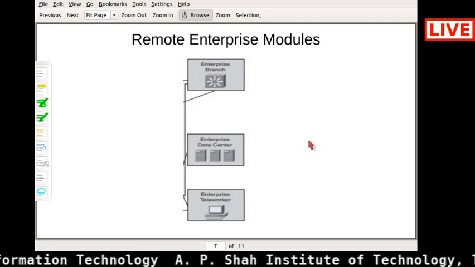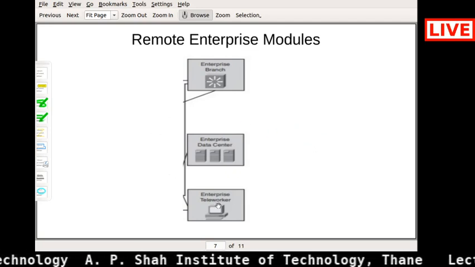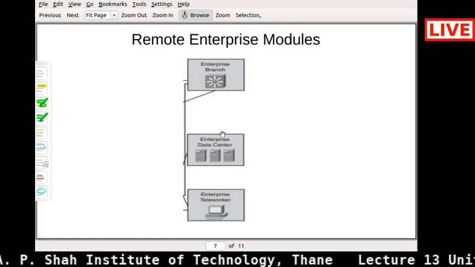Then we have the enterprise data center module.